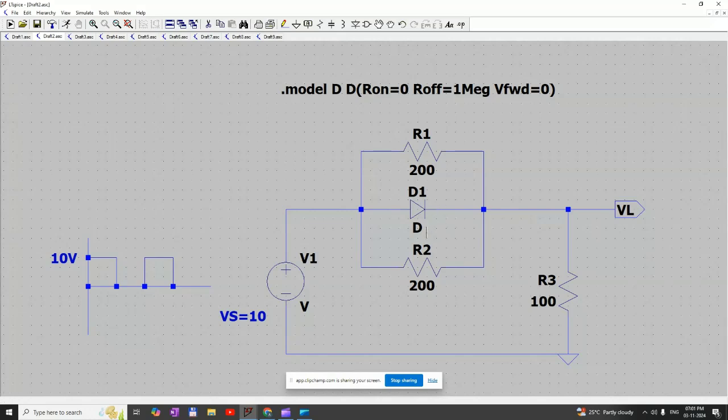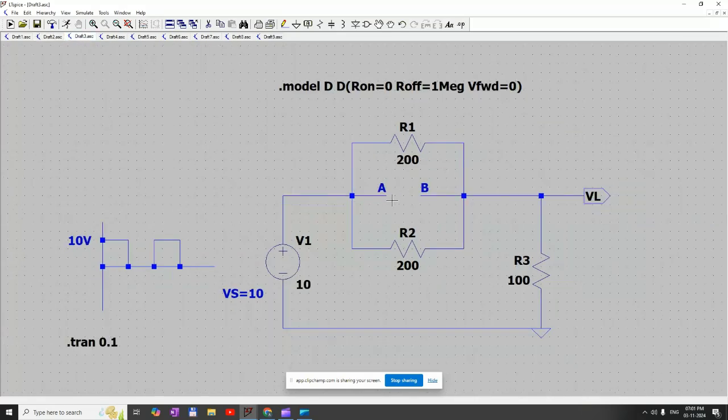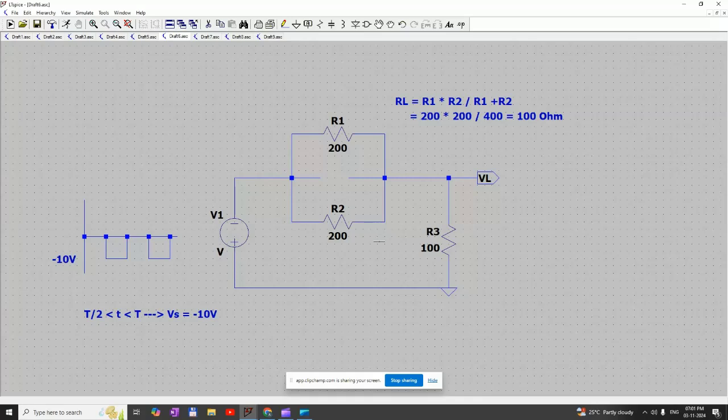To verify this, we need to disconnect this diode D1, and measure the voltage difference between A and B. If the voltage difference between A and B is more than 0 volt, we can conclude that the diode is conducting. For that, we need to check the Thevenin's resistance.